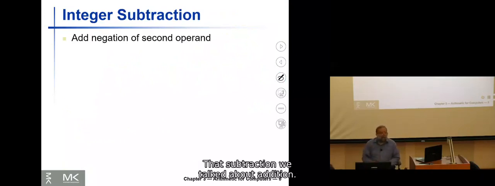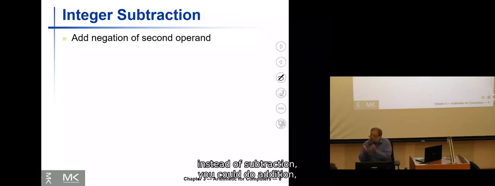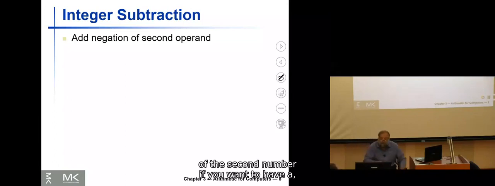Subtraction. We talked about addition. Subtraction is almost the same with the two's complement mechanism. We invented two's complement because of this. With two's complement, instead of subtraction, you could do addition, by adding the two's complement of the second number. Let me use 4 bits so it's easier.